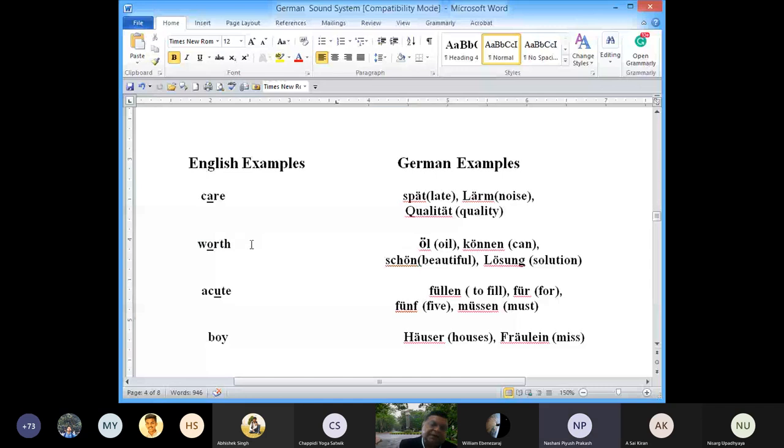After this explanation, I will be using the original German audio for pronunciation practice. There again, you will be listening to all these things, whatever I am explaining. So don't bother about these English equivalents. The English equivalents which I have given are just to facilitate. It is not a 100% equivalent sound. Okay.